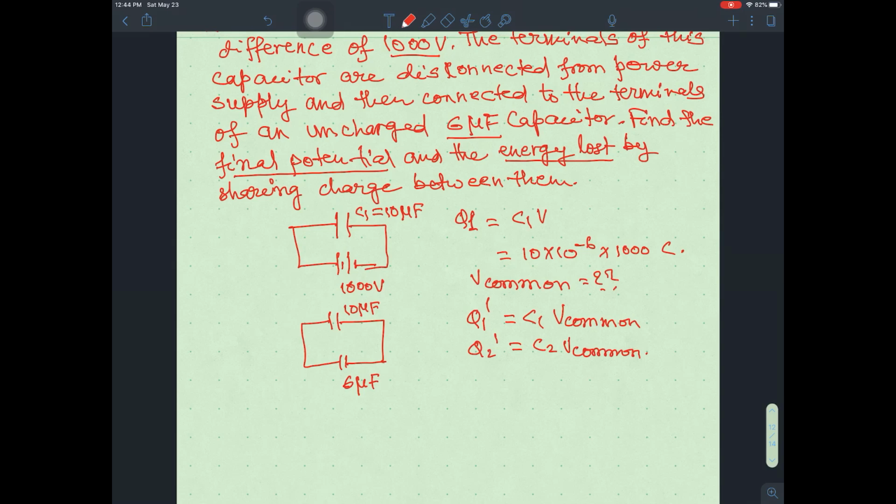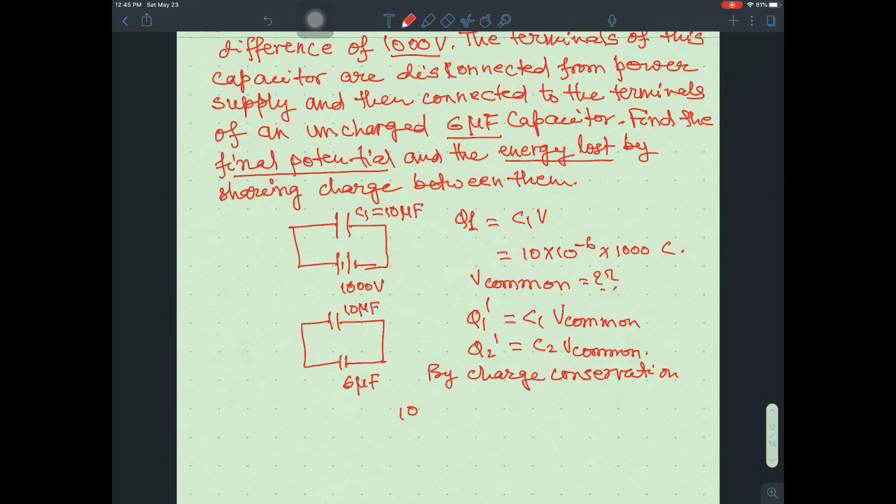So by charge conservation, before sharing the charge, it should be equal.